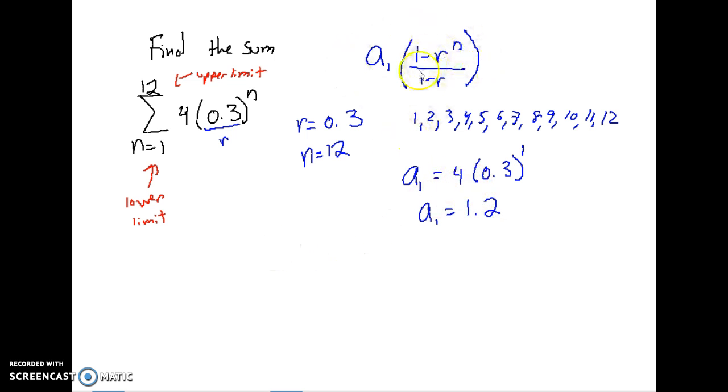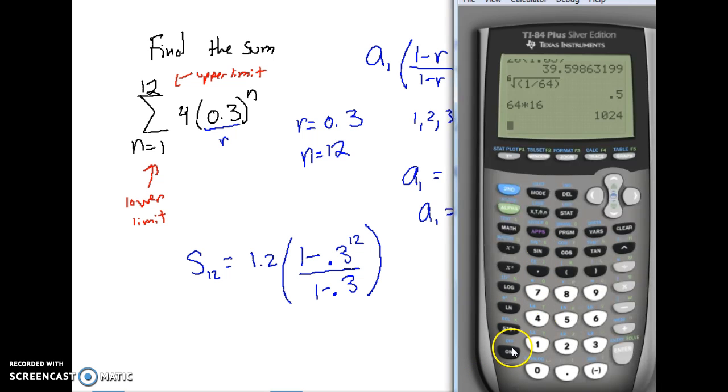So we're going to use all this information. The sum of 12 terms is 1.2 times 1 minus 0.3 to the power of 12 all over 1 minus 0.3. My suggestion, I'm not going to ask you to raise 0.3 to a power of 12 without a calculator. I don't need you to do that. So 1.2, parentheses. Now this whole thing's going to be in parentheses, so I'm actually going to use double parentheses. I'm going to say 1 minus 0.3 to the power of 12.